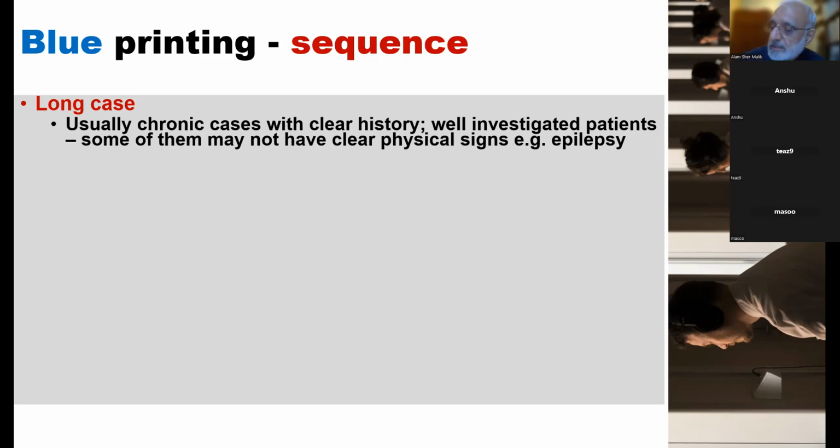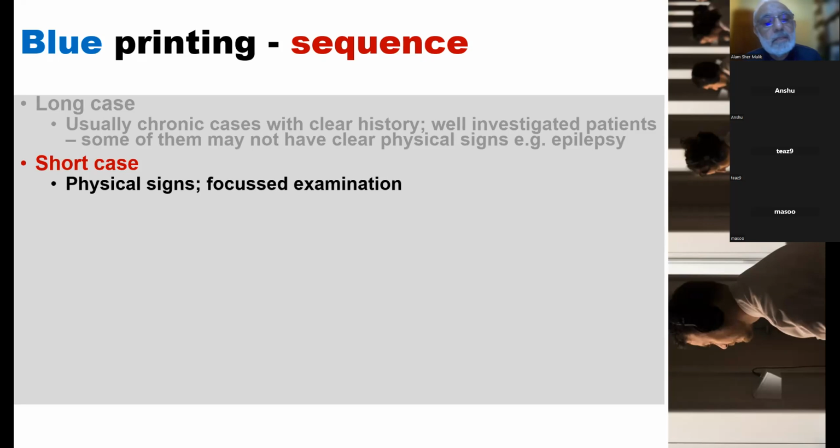So from your list which you have prepared, you can strike out the conditions which would be assessed in the long case. Then you see what would be the short cases. Basically, these would be the cases with physical signs and focused examination. So that would be the second list which you would cross from your wish list.